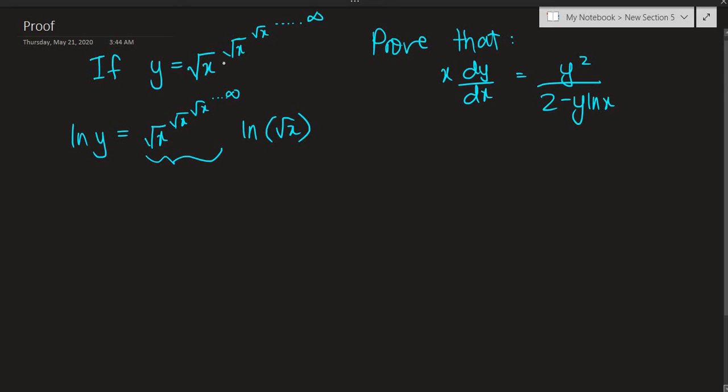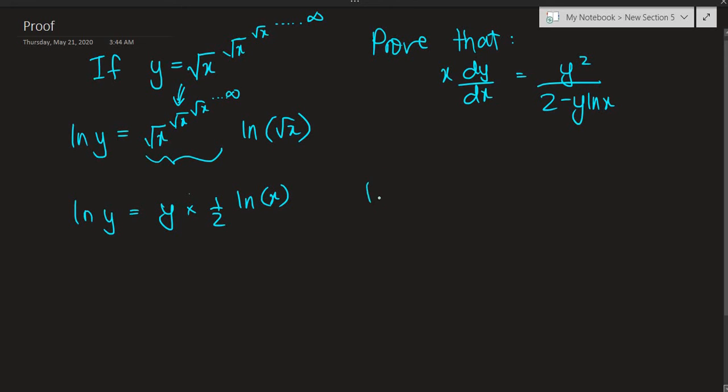This part is again y, because if you remove one square root of x from an infinitely long series, it doesn't matter. It's just going to remain the same thing. So we have natural log of y equal to y times, square root of x is x to the half power, so we can bring the power down and write half of the natural log of x.